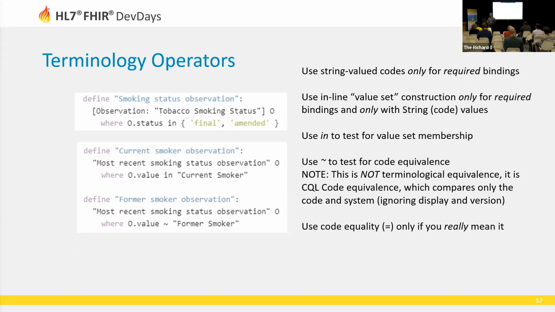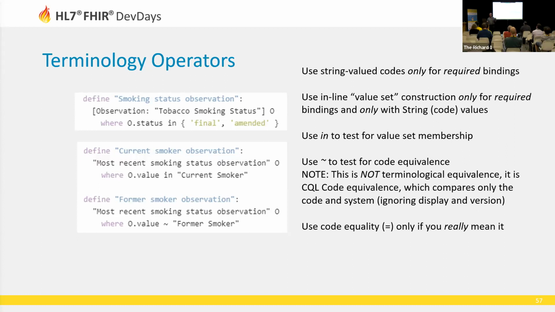So use inline value set construction only for required bindings, right? So when I say o.status in final and amended, that's only valid because of that required binding. Use in to test for value set membership. So if o.value is in current smoker. Use tilde to test for code equivalence. Now, this is not terminological equivalence. You're not asking a terminology server to do a semantic comparison here.